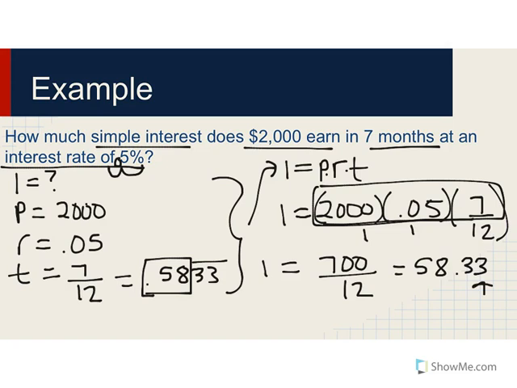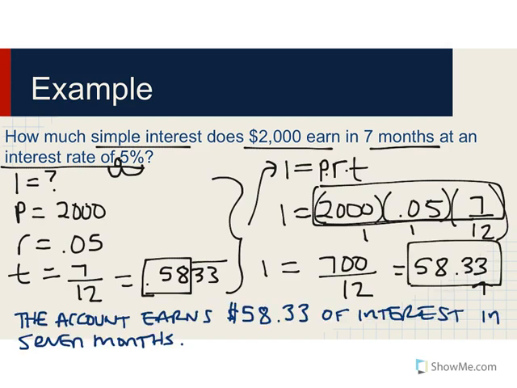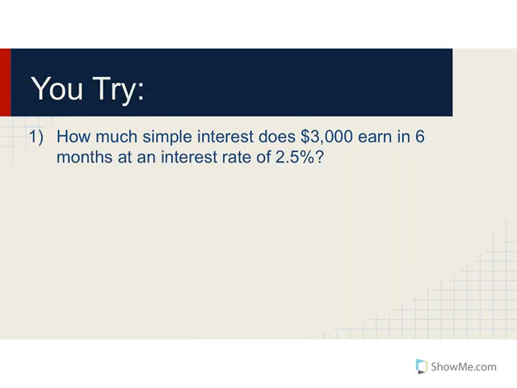However, we're going to stop at the hundredth every time in this class because we are talking about money. So now I'm going to write my complete sentence of what this actually means. My complete sentence says, the account earns $58.33 of interest in 7 months.